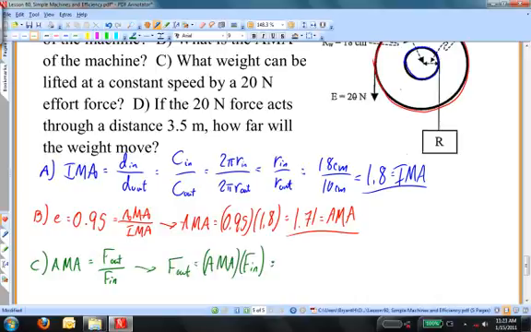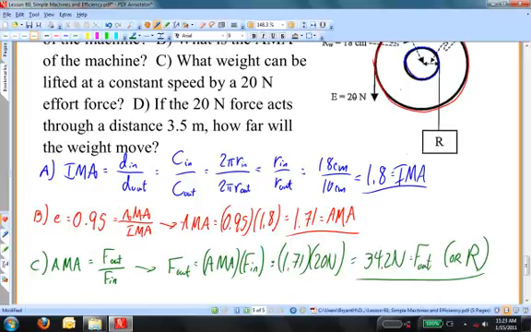Now you can see that I'm using the variables F and D sometimes instead of the variables that your authors use like R and E. Forces I tend to like to call F's, but if you can keep those things straight, what's the output and what's the input, then hopefully you'll be able to think your way through these things. So using this system and an effort force of 20 newtons, I could lift something that was just over 34 newtons.